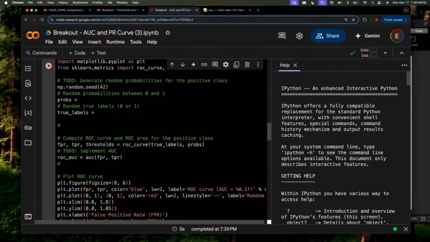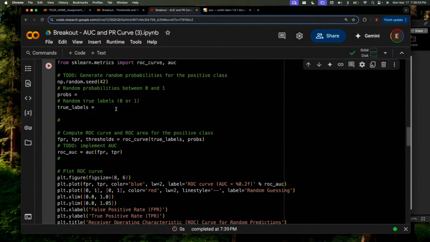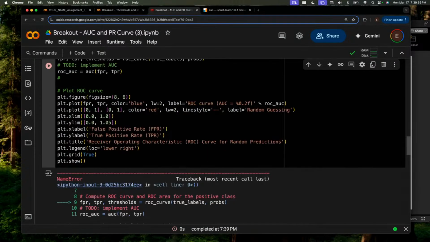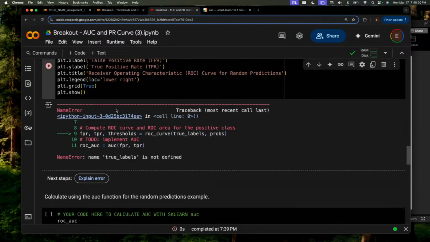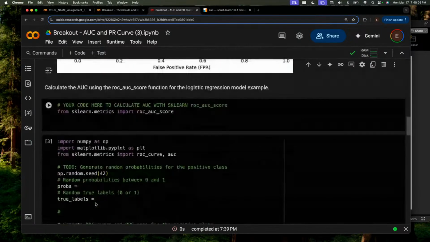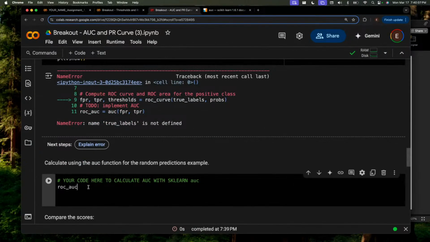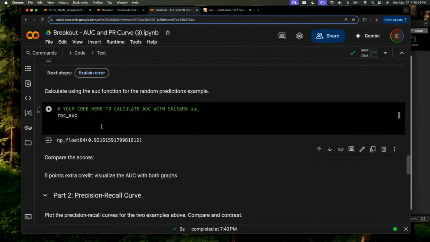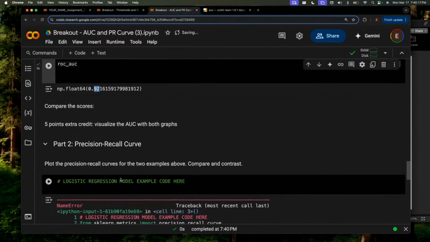Let's see if we can put some probabilities here. Okay, we'll leave this one for now. So we should be able to get the ROC AUC here. And we do, yeah, 0.92, which we saw in the chart.